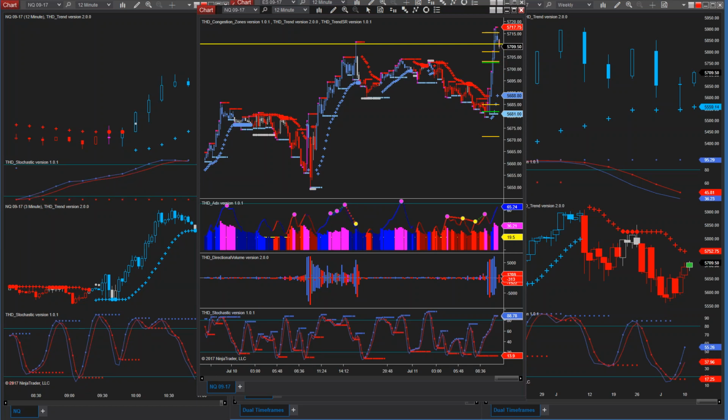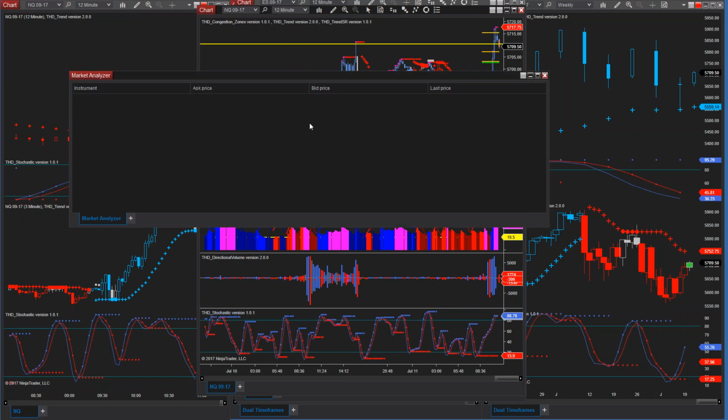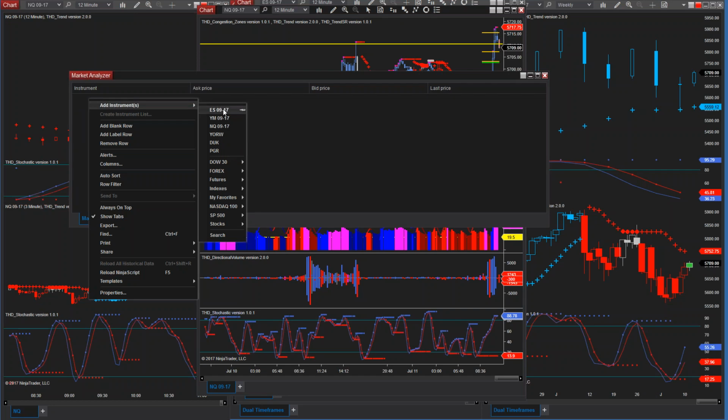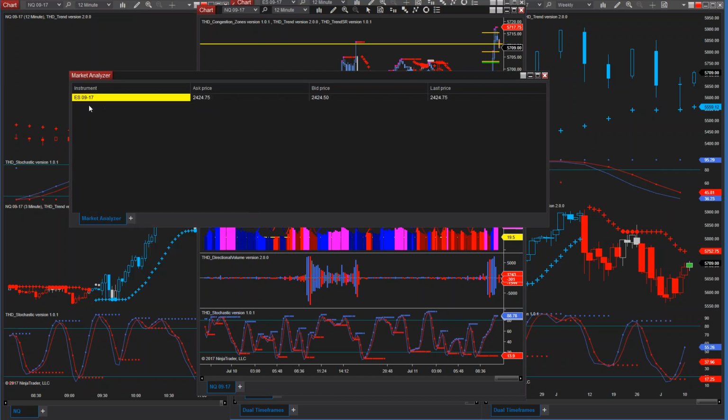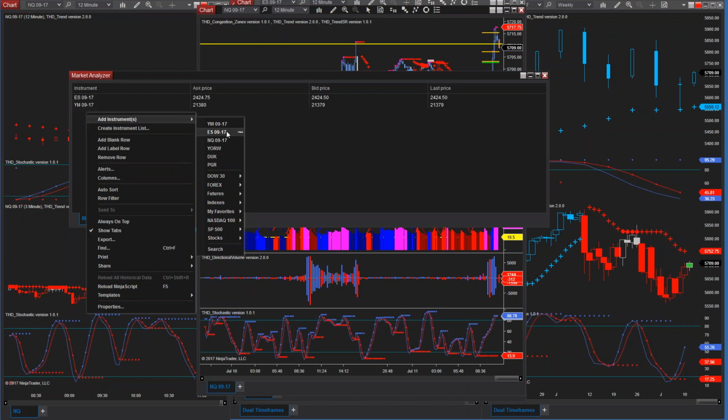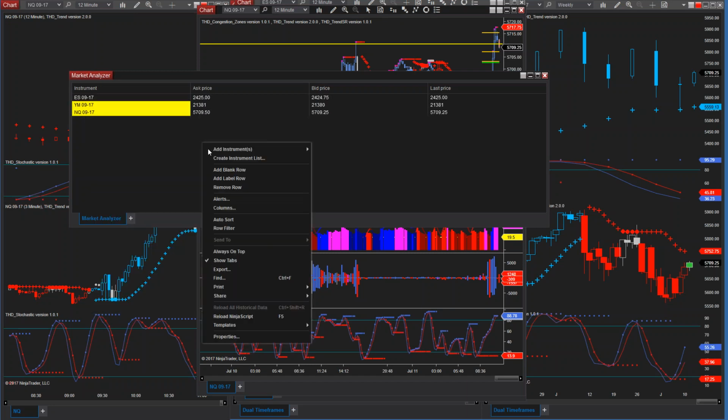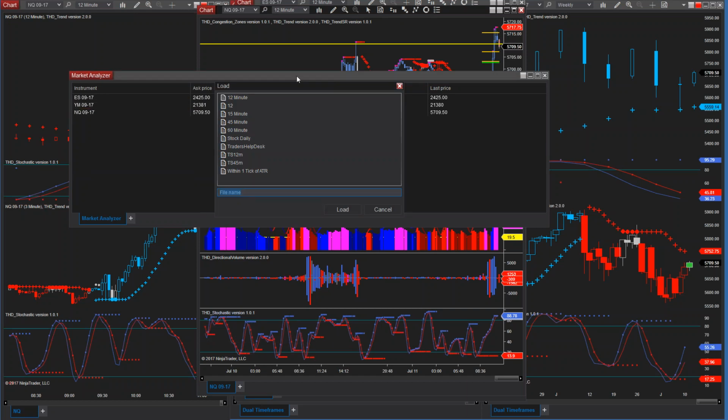Now, you might say, well, that's a lot of charts to keep up with. And it is. And this is exactly why we developed the market analyzer. So if I go and add the ES, and I add the Dow, and I add the NASDAQ, and I apply my template, let's go to a 45.